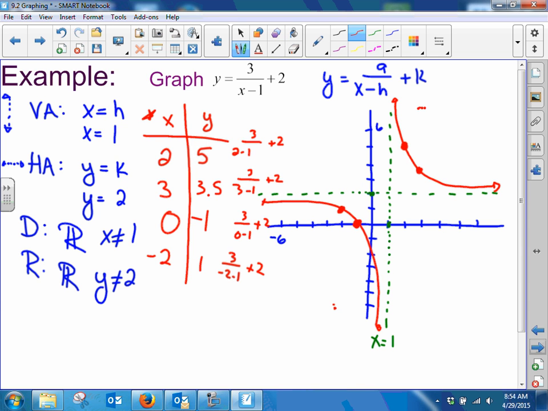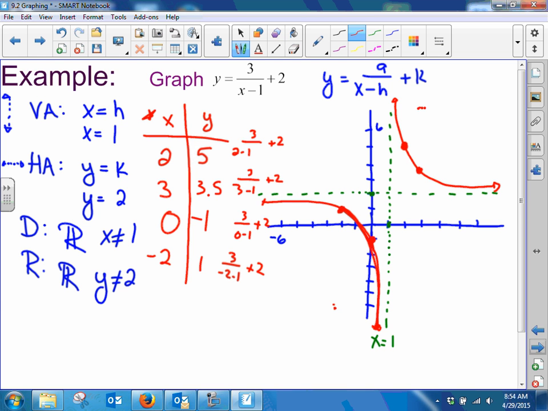Shouldn't it be -1? You did. What'd I do? -1. Oh, sorry. Yes. Thank you. Just seeing if you're on your toes. Yeah, we're so close. Right there. And now you are done with your graph.